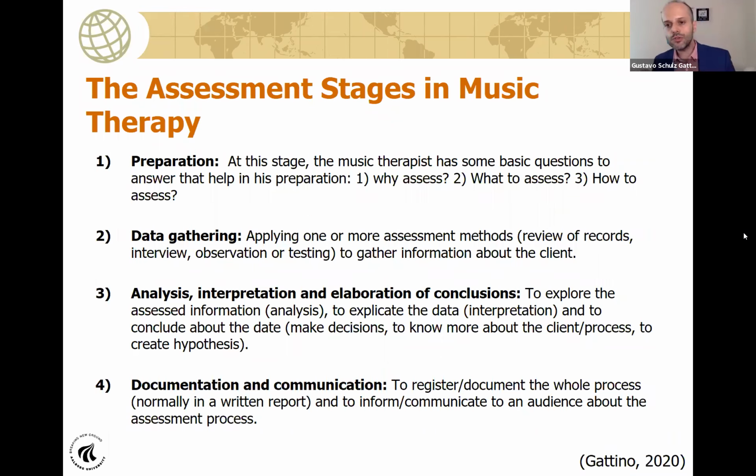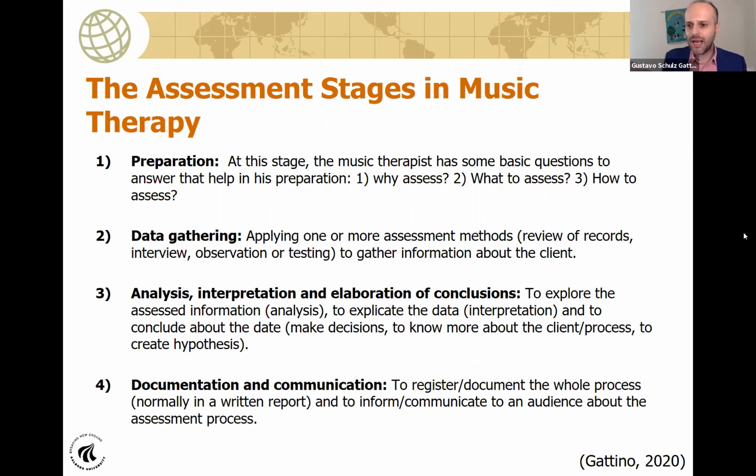Sometimes my conclusions are related with making decisions, sometimes because I want to know more about the client. So, for example, I just want to understand why the client is doing exactly that behavior so I can understand more about the client.